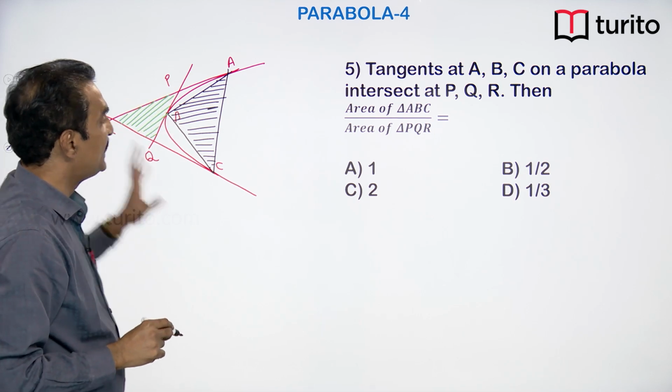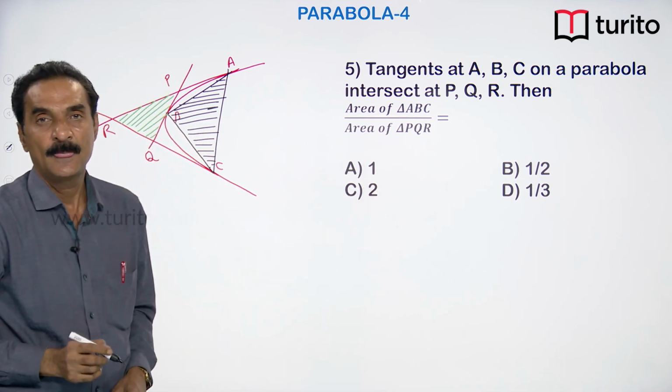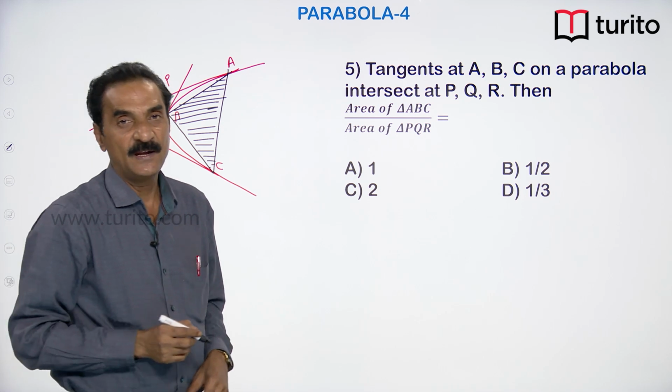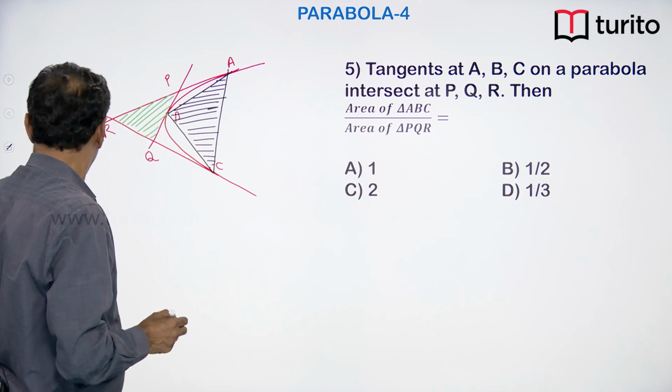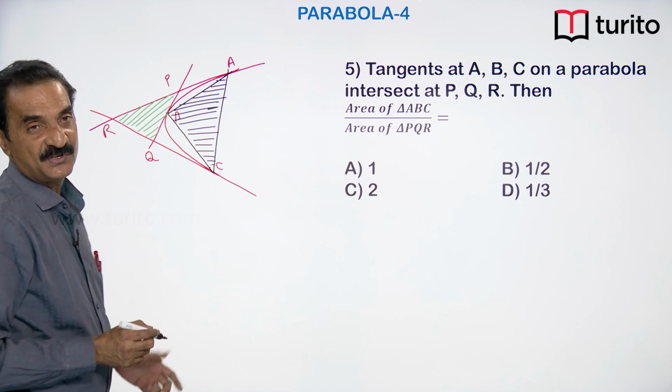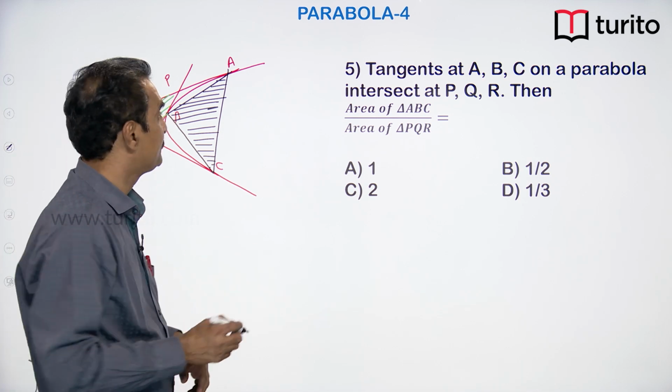The ratio of these two areas is which constant? The equation of the parabola is not given, so we assume the parabola as y square is equal to 4ax and get the answer.